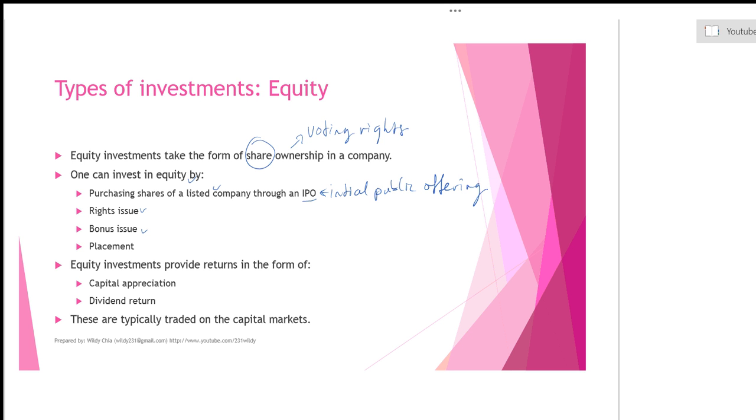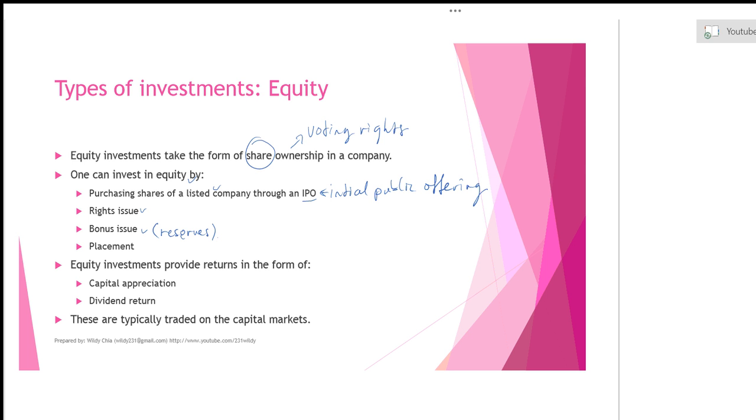Bonus issue is where a company, instead of issuing dividends, issues shares in place of dividends. So shareholders receive shares instead of dividends. So that's bonus issue. Bonus issue is funded through reserves of a company, right? So certain companies have rich reserves, large amounts of reserves, and these could be used to issue bonus shares.